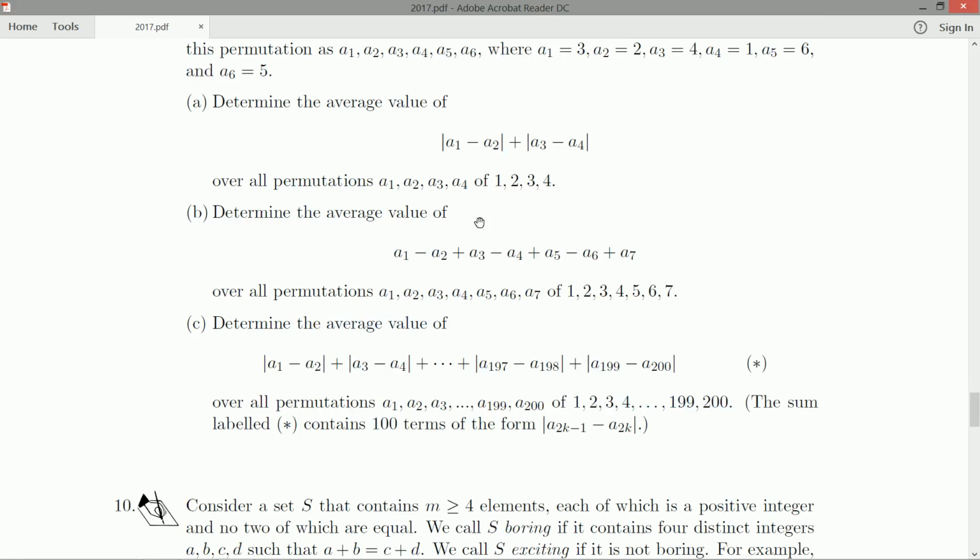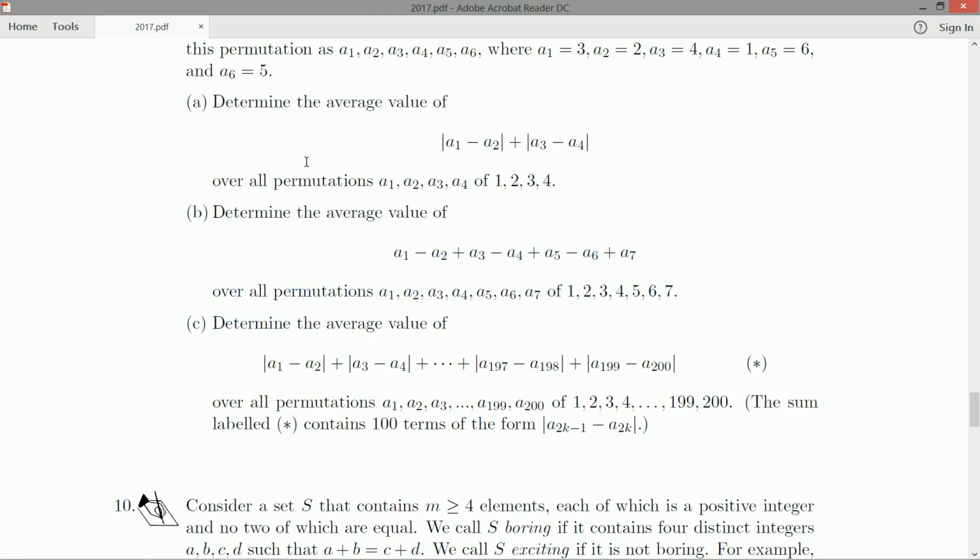So it looks like they're all related by doing average values. I mean A and C. The first and the third questions look related because they're both absolute values of differences of pairs. B seems sort of the odd question out. They all have average values, but B has no absolute values, because you couldn't do absolute values of differences of pairs since 7 is odd.